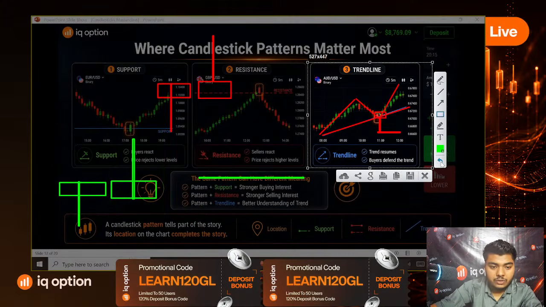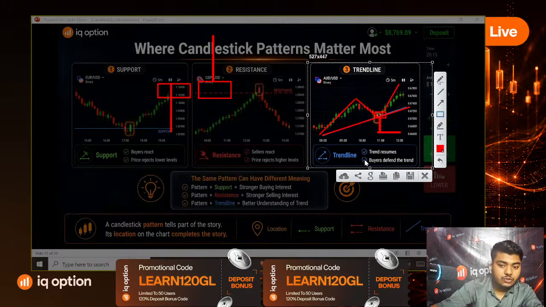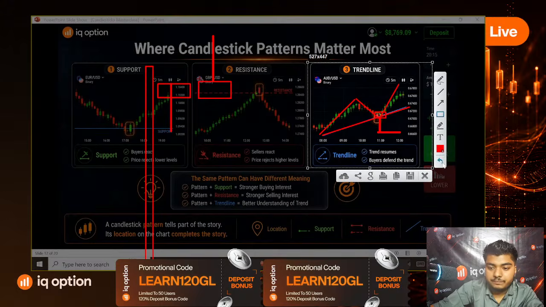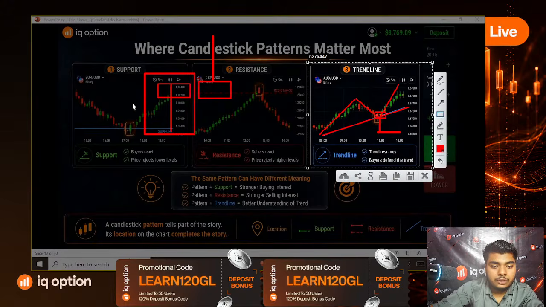Let me also give you an example of a bearish inverted hammer, because we already know about a bullish hammer. A bullish hammer shows the pressure of sellers. A bearish hammer also shows the pressure of sellers, but in a different period of time. Like this one is a hammer, right? This hammer shows the pressure of buyers.